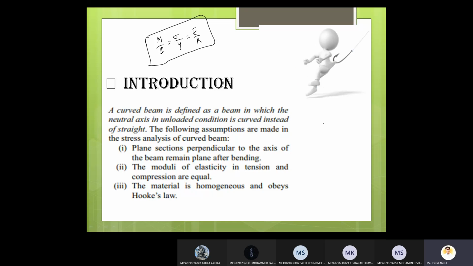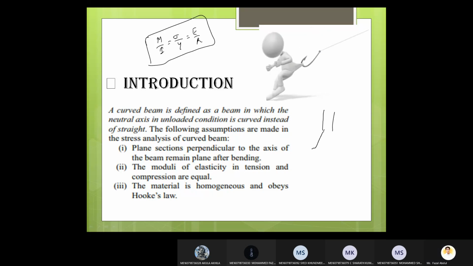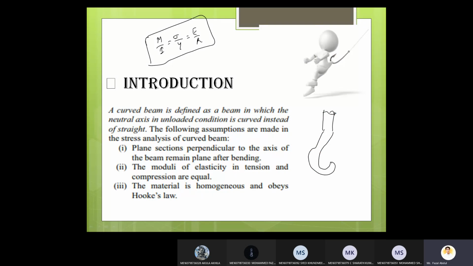Here we are utilizing the curved beams topic to design crane hooks, so we are going to study the design of crane hooks. The topics you learned in the previous semester are the same things, but at some advanced level.